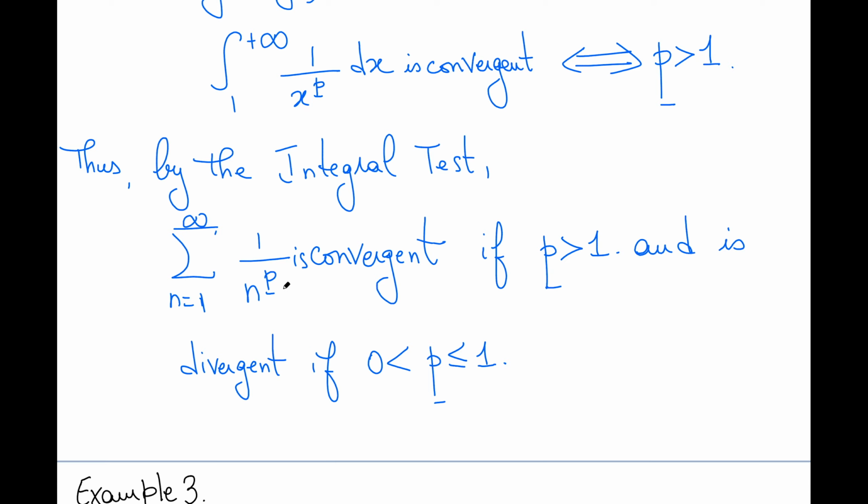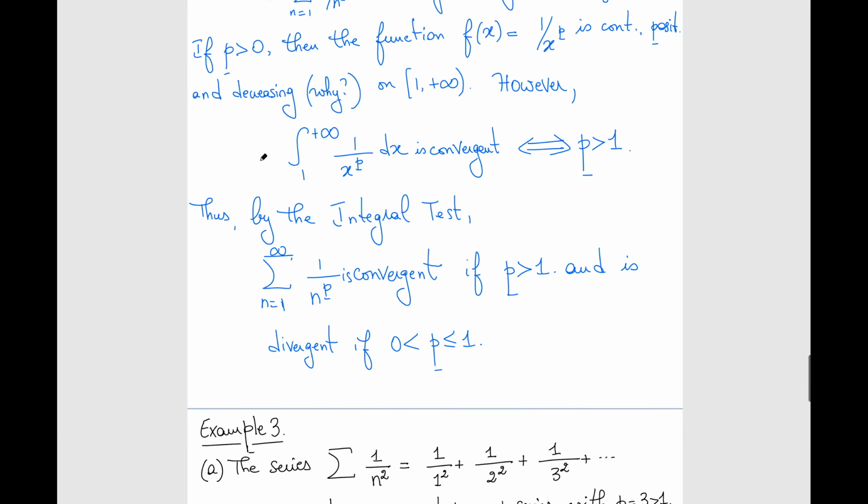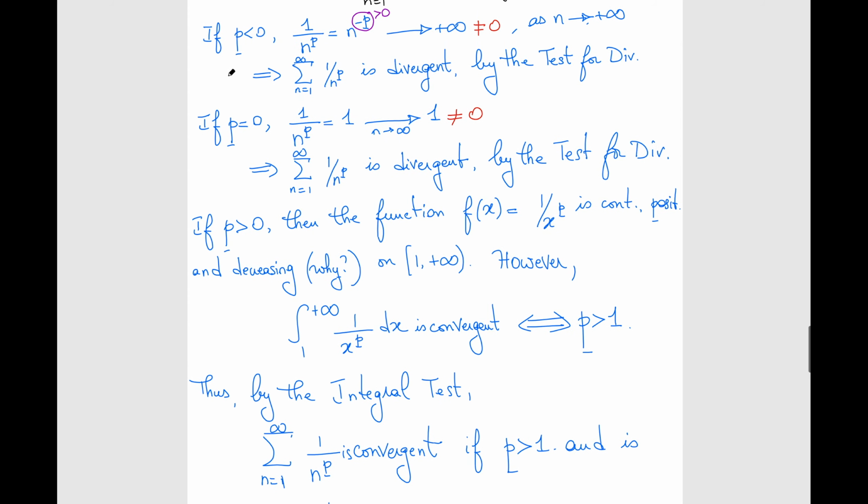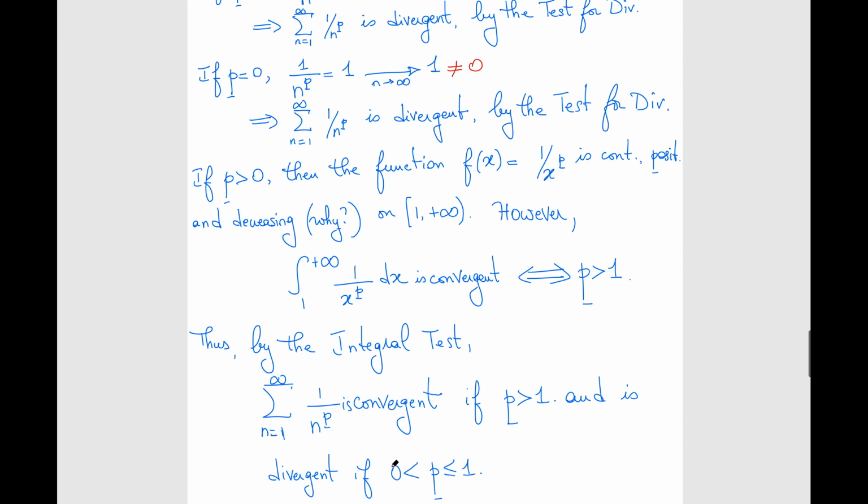All right. Okay, so let's summarize. If p is negative, the series is divergent. If p is 0, the series is divergent. If p is between 0 and 1, the series is divergent.